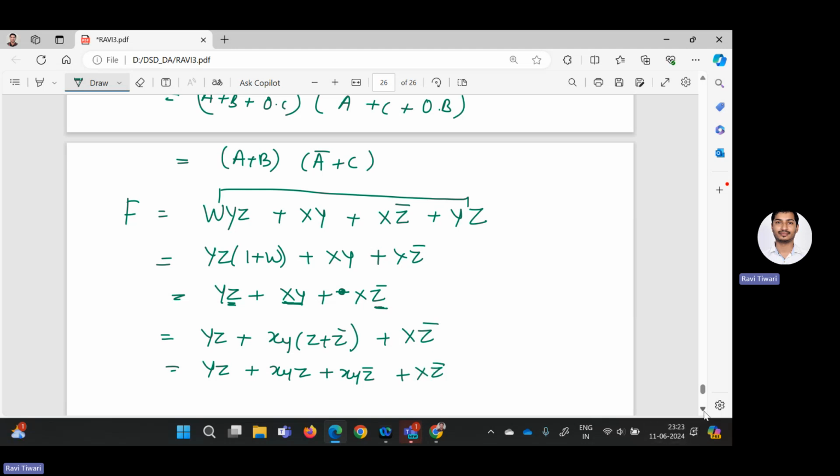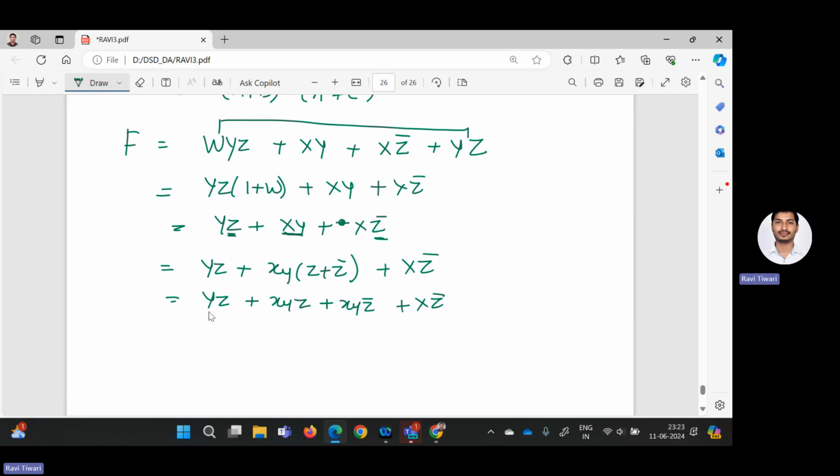Now, if you take common between these two and these two, that's also okay. So now if you take Y Z common, this is Y Z times 1 plus X. And if you take from here, this is X Z bar, so it is 1 plus Y. So the final answer that you will get will be Y Z plus X Z bar.